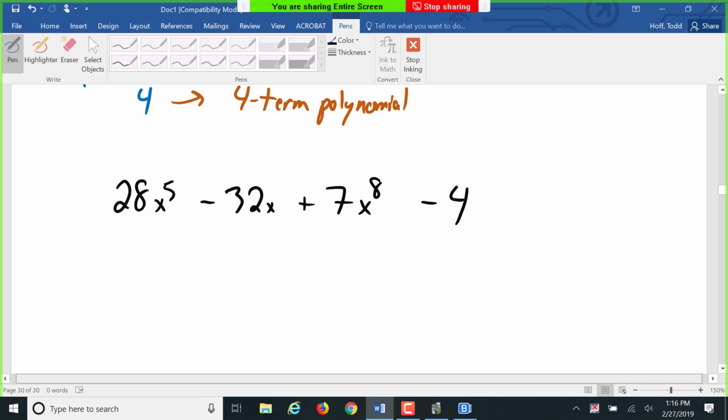Now this polynomial is obviously not in order. It's not proper. It would be considered poor grammar. We'll talk about that in a second. But how many terms does it have? 4 terms. Very good.